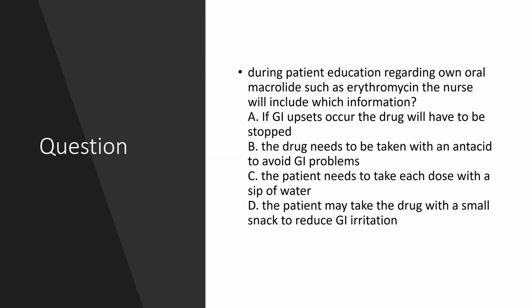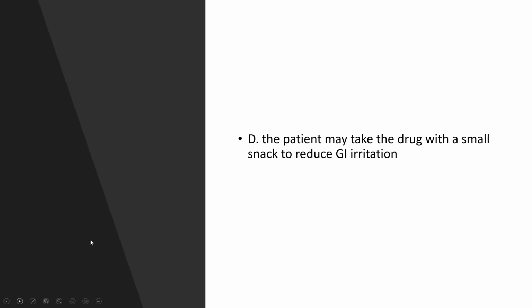Or D, the patient may take the drug with a small snack to reduce GI irritation. It is going to be D. You would teach that patient to take it with a small snack to reduce irritation.